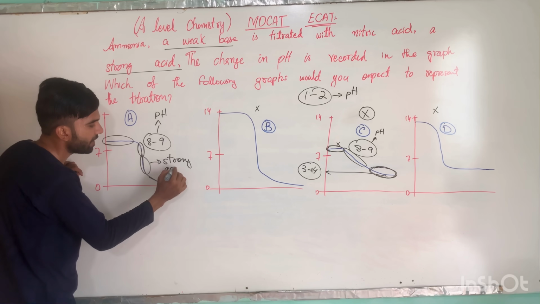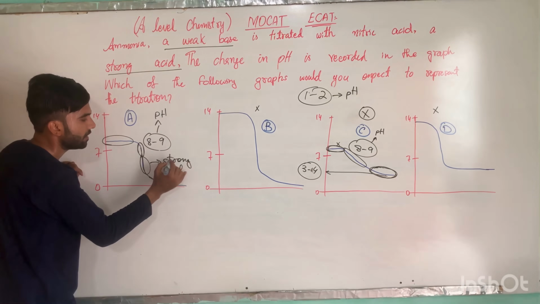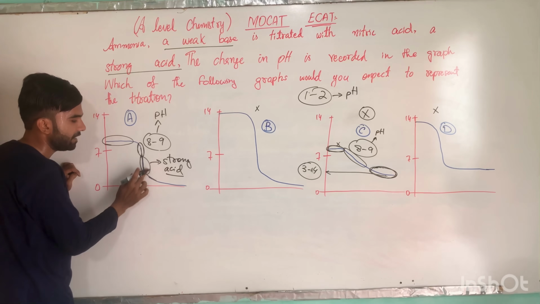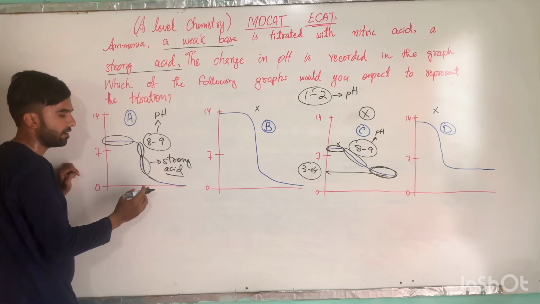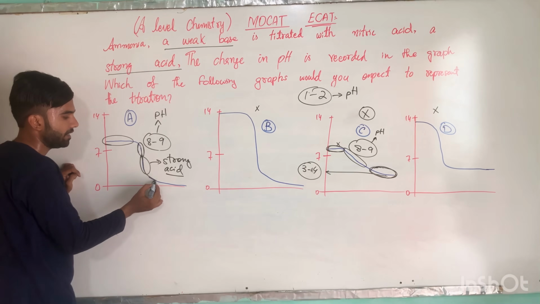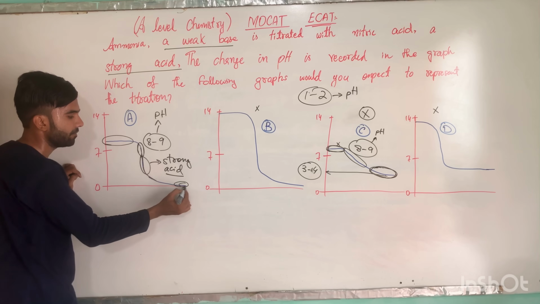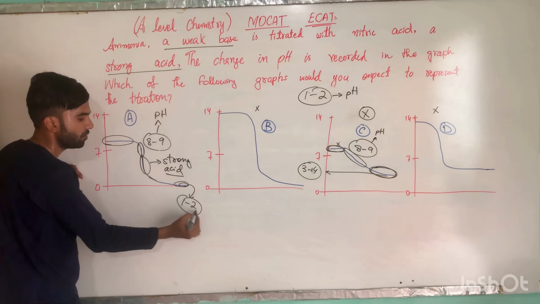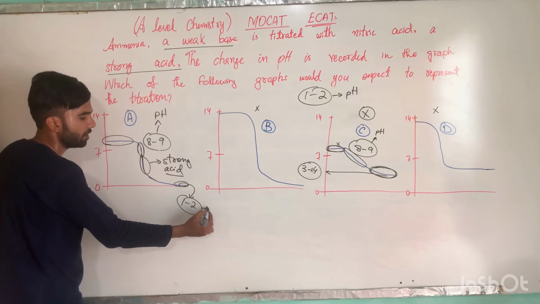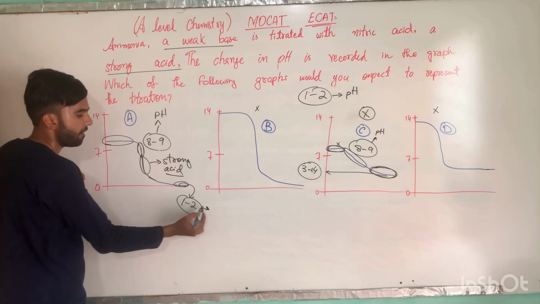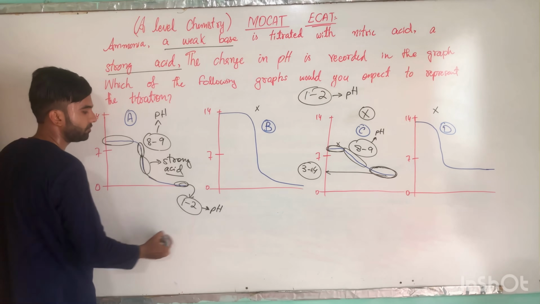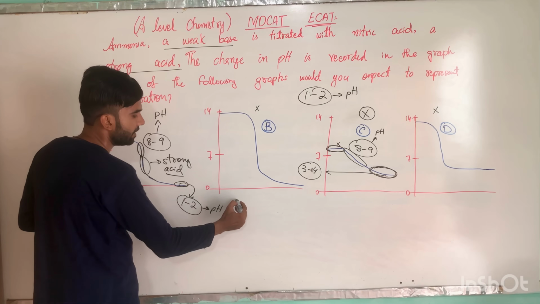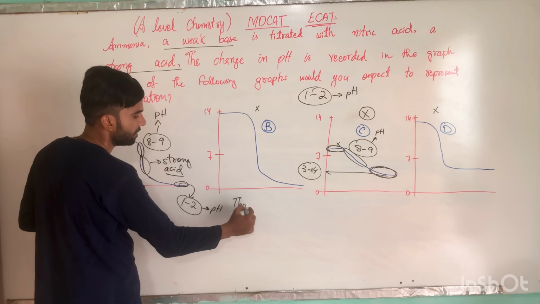The strong acid decreases the graph immediately, and the end point will be pH 1 or 2. So the right answer is graph A.